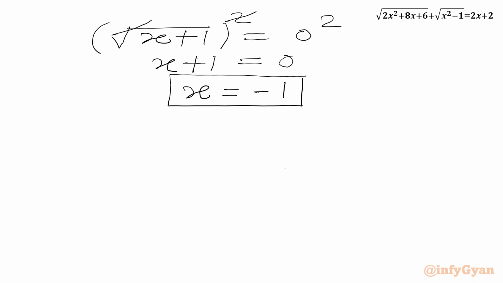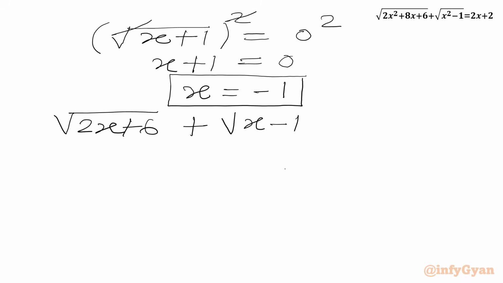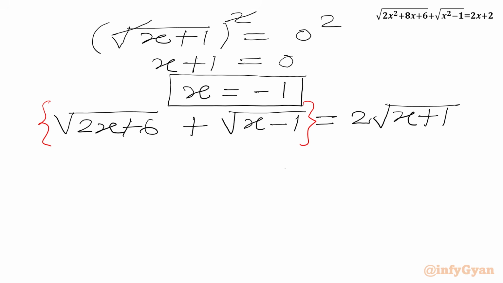Now we will consider second equation: square root 2x plus 6 plus square root x minus 1 will be equal to 2 times square root of x plus 1. Now we have square roots on both the sides. So let us consider squaring both sides to eliminate square roots. Now we are going to use a plus b whole square formula over here.